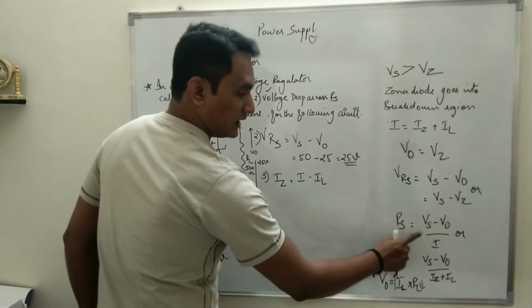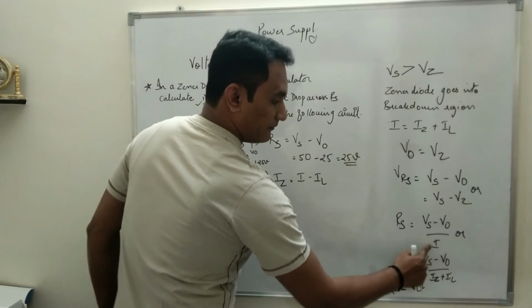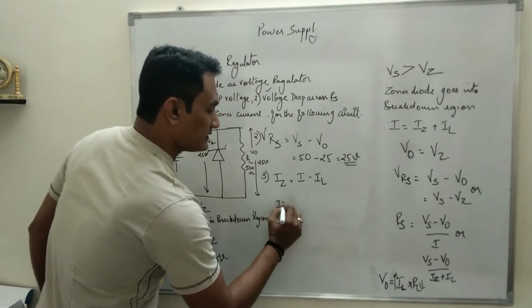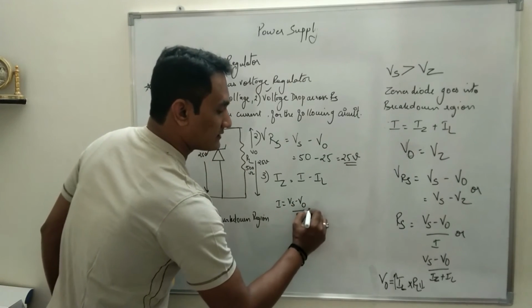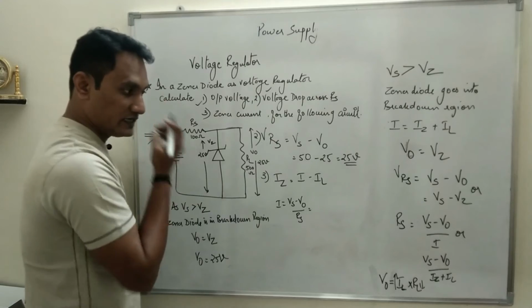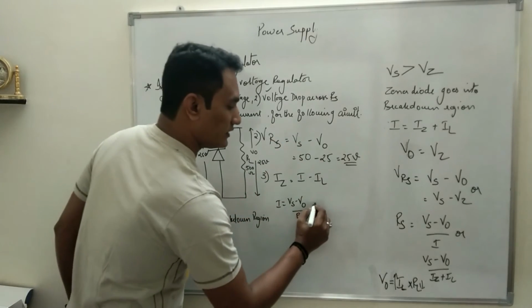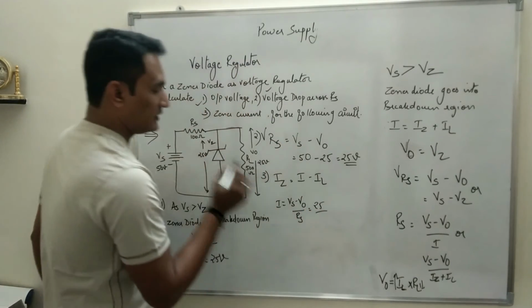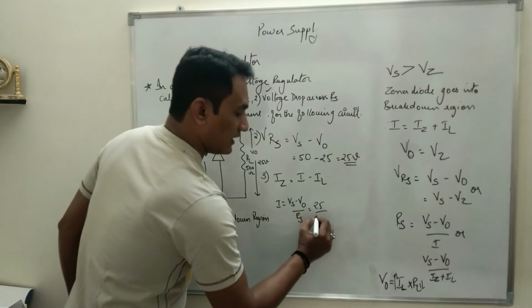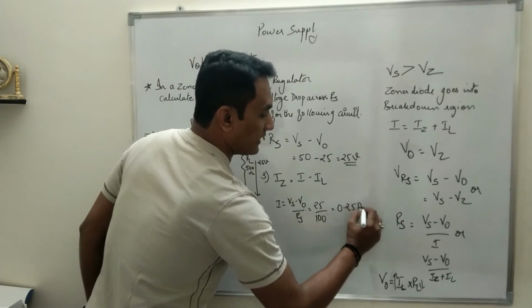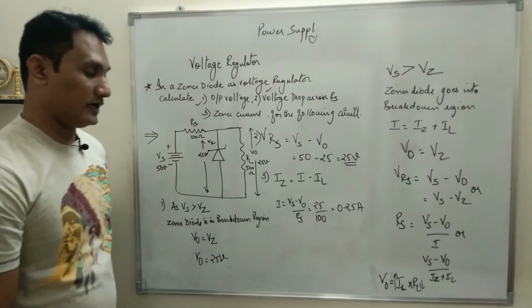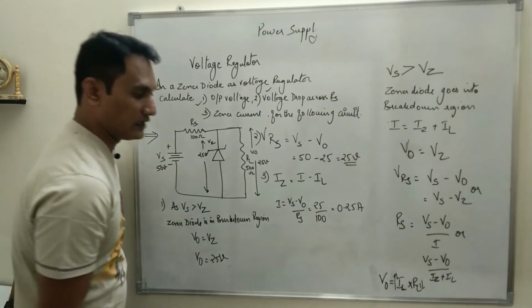By this formula, I is equal to Vs minus V0 upon Rs. We just calculated Vs minus V0, that is 25, divided by Rs, which is 100. So this value will be 0.25 ampere, as we are calculating current. That is the value of I.